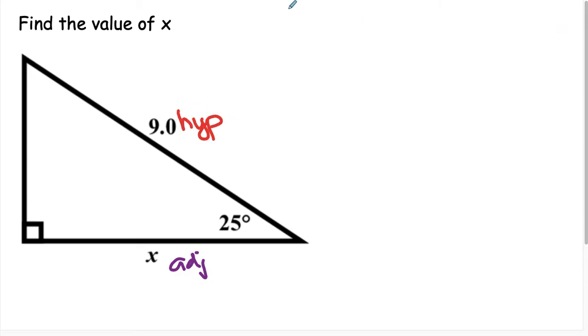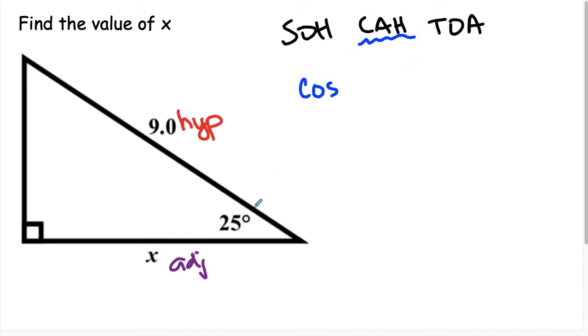Now we look back and think about SOHCAHTOA. Which one of these has an adjacent and hypotenuse? That's CAH. So we're going to use cosine of this angle, 25 degrees, and set the cosine of the angle equal to its adjacent side over its hypotenuse.